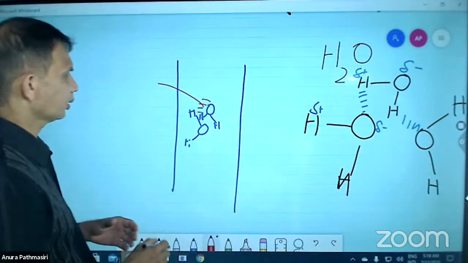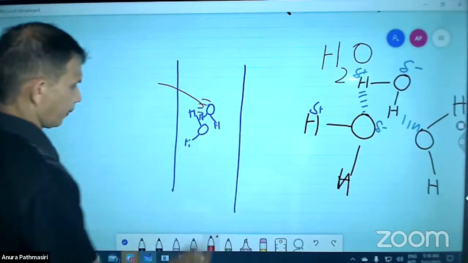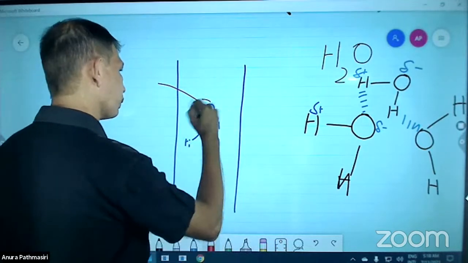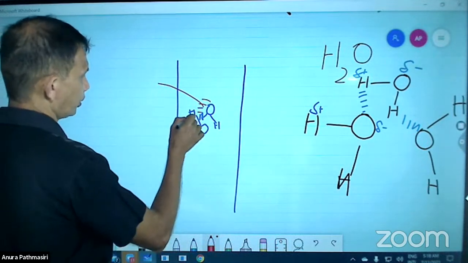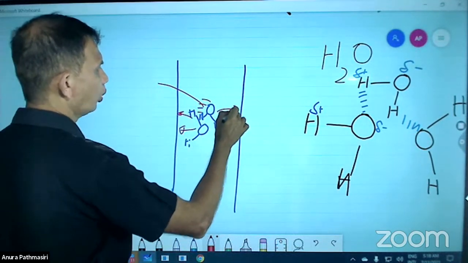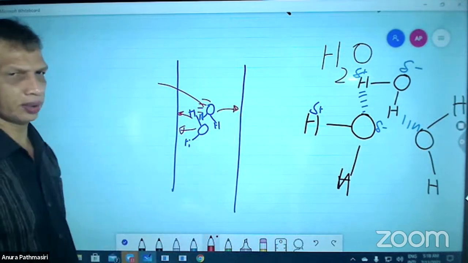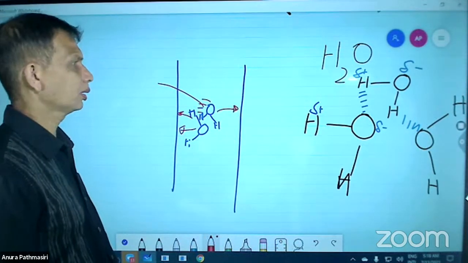And the other one is adhesive forces. These molecules adhere or stick to the walls of the container.